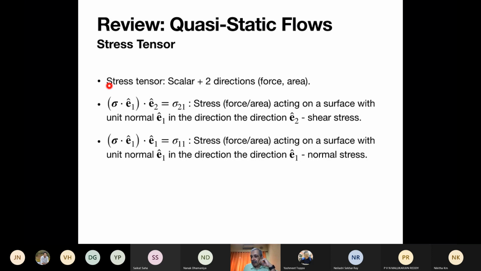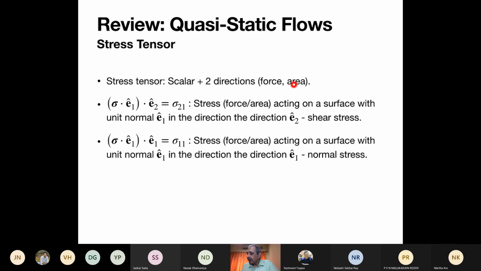Now we saw earlier that the stress tensor has a scalar plus two directions, one for the force and one for the area. For the area, we decide the direction based on the unit normal vector to the area.